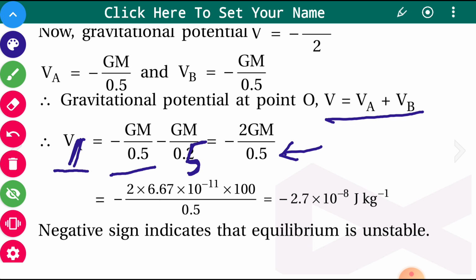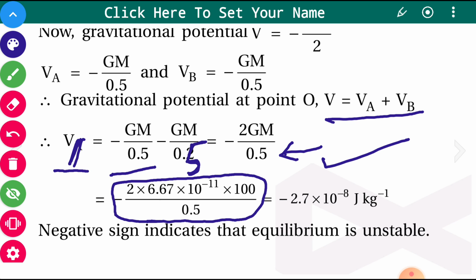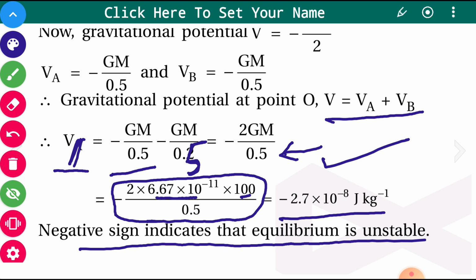Just place the values. G is known to you, 6.67 into 10 to the power minus 11. Mass of the object, either A or B, both are the same, 100 kg. So you will get the potential at the midpoint to be minus 2.7 into 10 raised to minus 8 joule per kg. The negative sign indicates that the equilibrium is unstable.